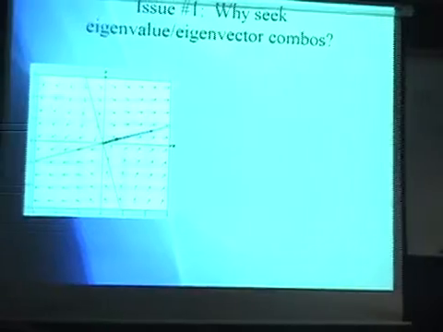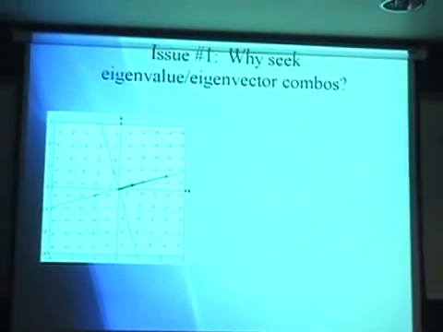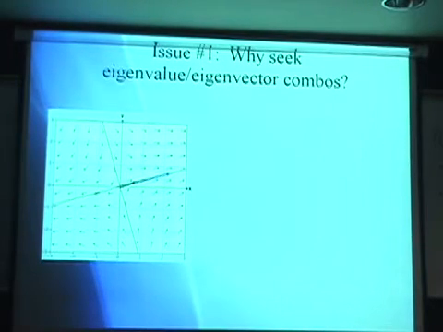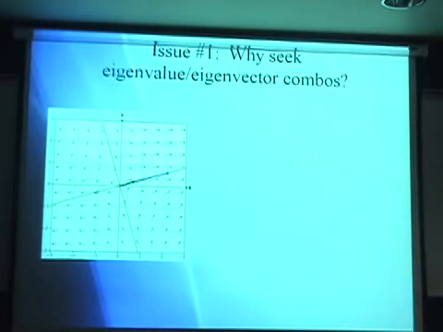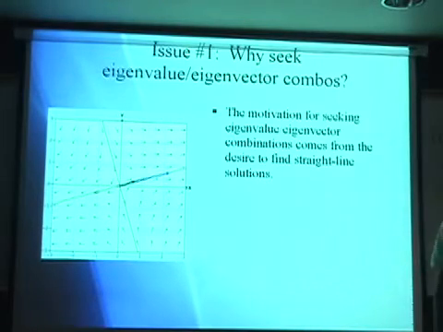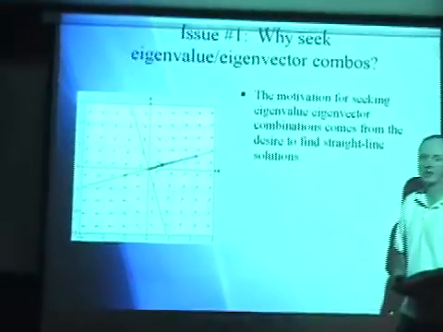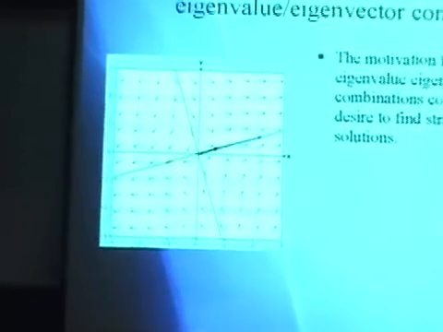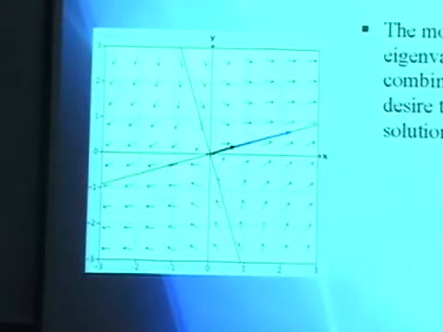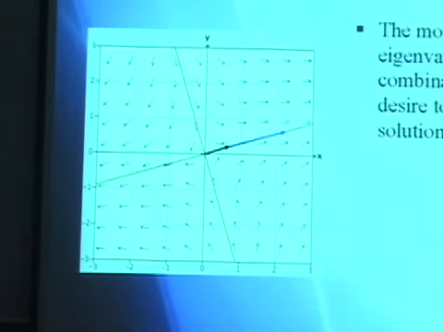So let's deconstruct this process. Why does it work? Issue number 1. Why in the world seek eigenvalue-eigenvector combinations? The reason goes back to the vector field or the corresponding direction field and making observations. Sometimes you can think of math observationally. You can notice patterns, and based on those patterns you can try to come up with rigorous math.